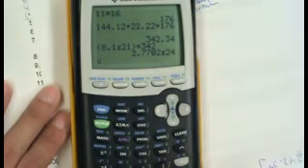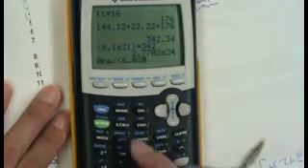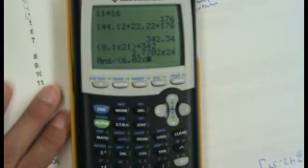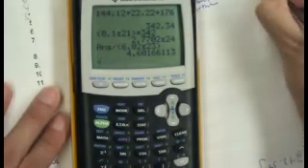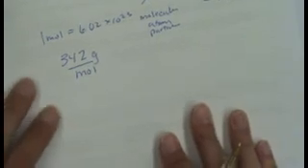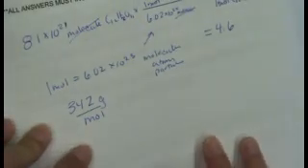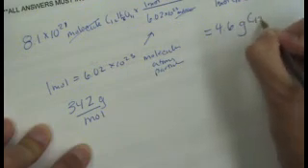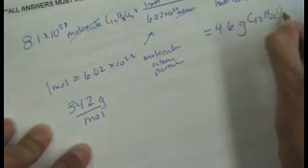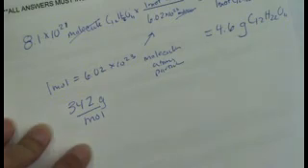That's my value on top. I'm now going to divide by my value on bottom, which is 6.02, second E to the 23rd. And we get a value of 4.6 grams of C12H22O11. Okay?